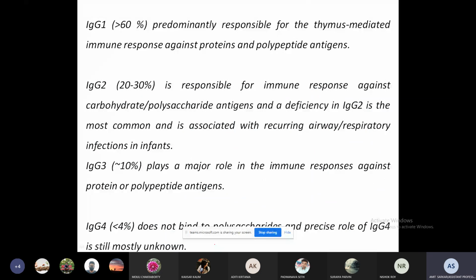IgG3 is also found to be protective against polysaccharide antigens, but we do not know the exact role it plays because we already have IgG1 for the same type of function. And IgG4, found at a later period, binds to polysaccharide antigen, but its clear role is not known to us yet.